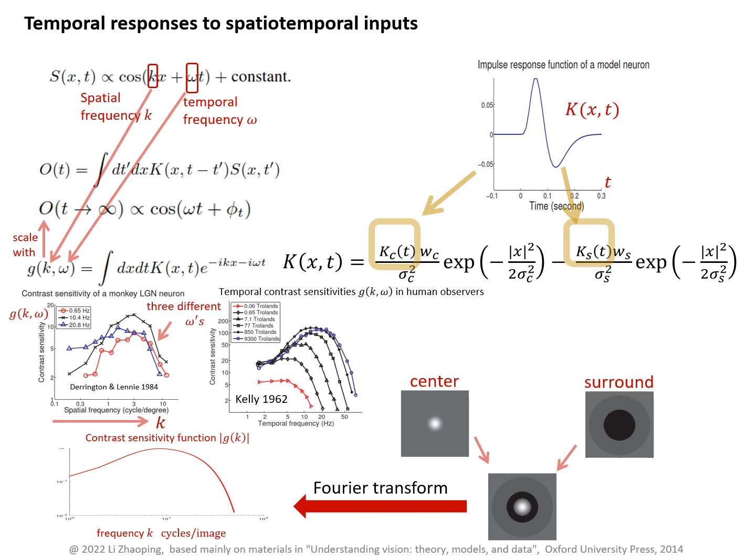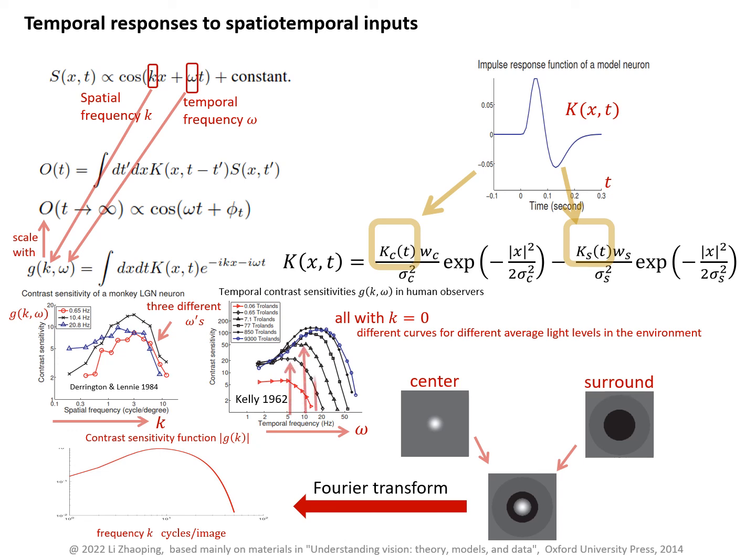Here are multiple curves of human temporal contrast sensitivities. The horizontal axis is temporal frequency omega. All curves are for spatial frequency k equal to 0, meaning that the visual input is a uniform spatial field oscillating in time. Different curves are for different average light levels of the environment.